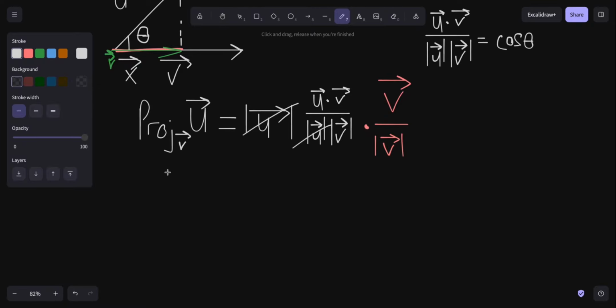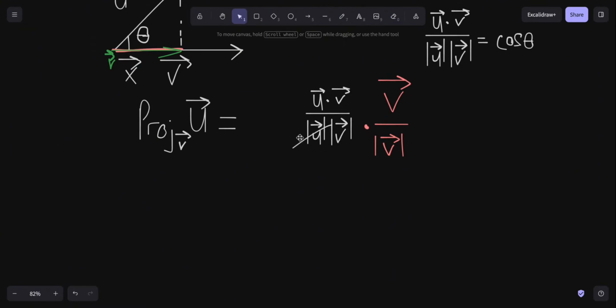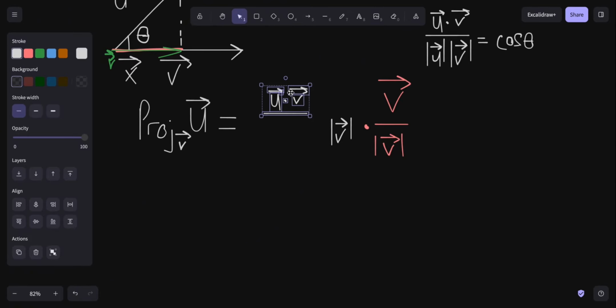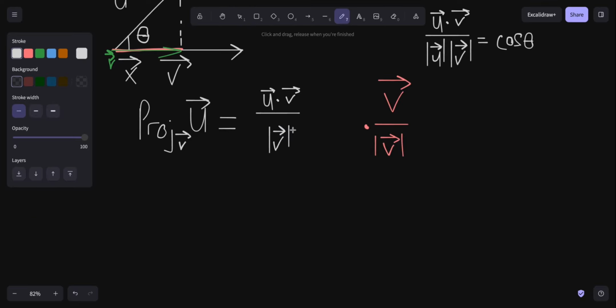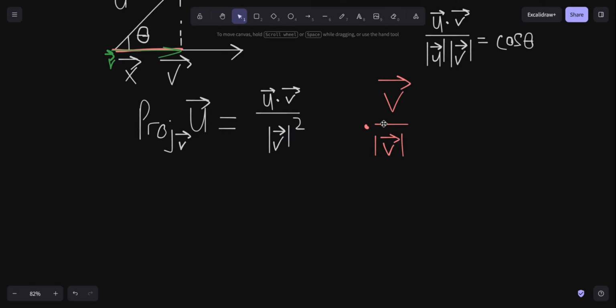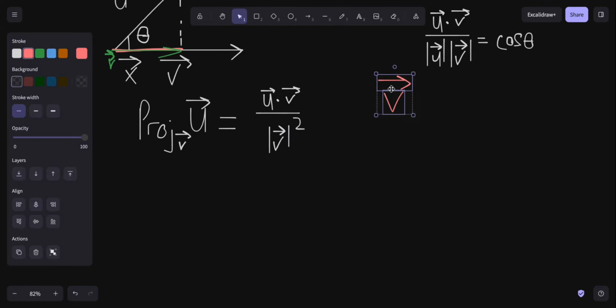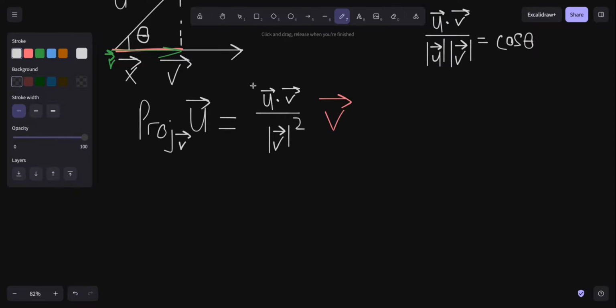So the final formula is very simple, actually. It is just going to be the dot product between the vectors u and v divided by the magnitude of vector v squared, and then finally, you're just going to multiply this by the vector v itself.